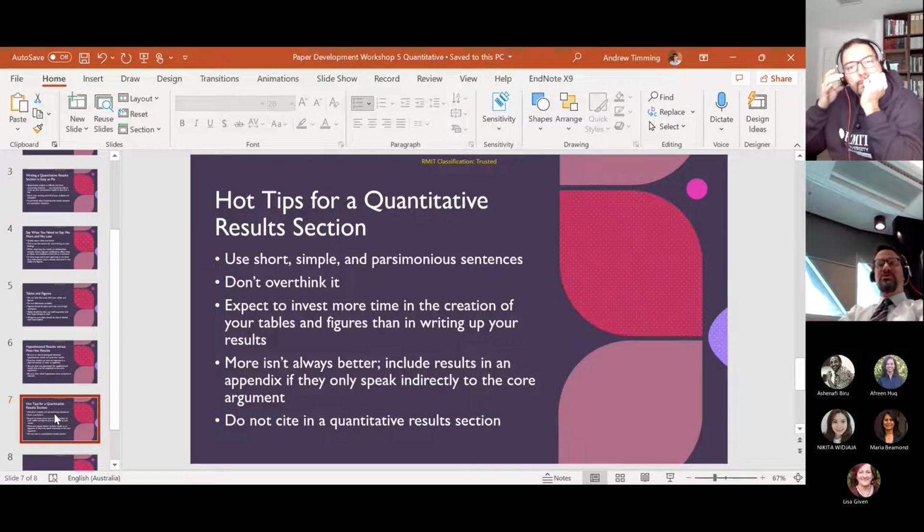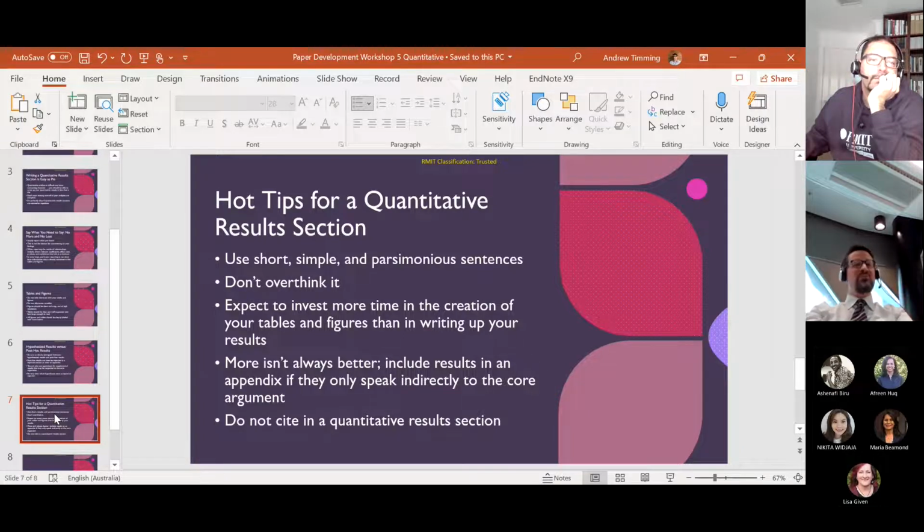So be short, simple, and concise in all of your writing, but particularly in a results section. Don't overthink it. Remember, you're just describing what you found. You're not explaining what you found. The explanation can be found in the subsequent section, which is your discussion section. You're simply describing exactly what your results are telling you.